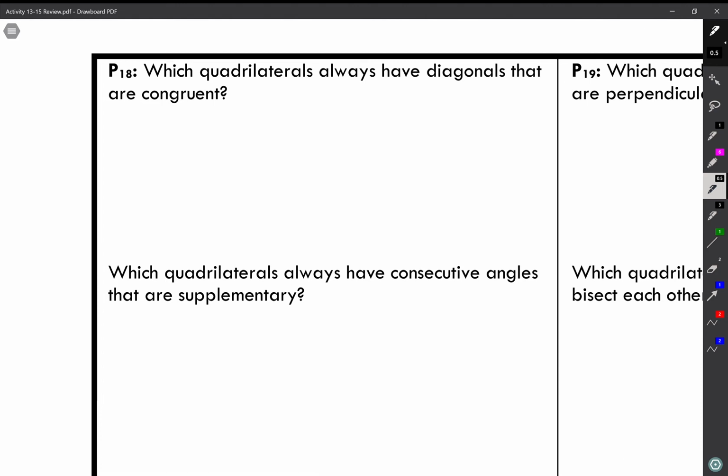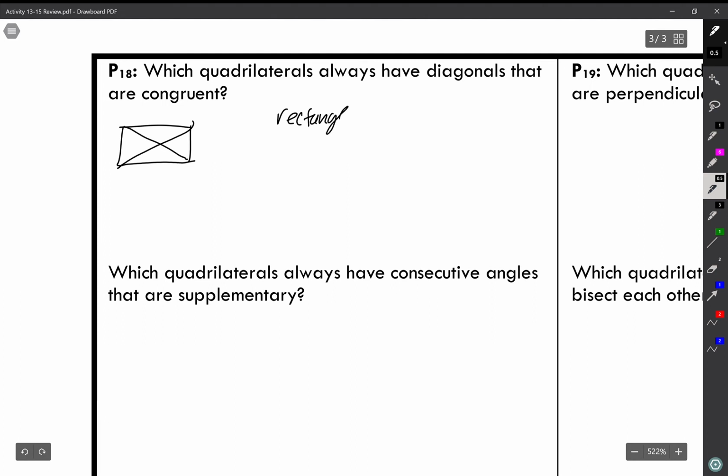How about a rectangle? Yes, they look pretty congruent to me. You can check this by looking at the properties, and the property of a rectangle does say diagonals congruent. So rectangle. A square also, because a square is a rectangle, so it has to be true. And then last one, what if we had an isosceles trapezoid?